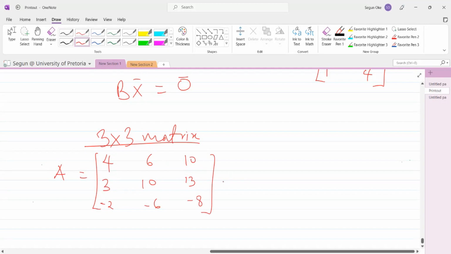So at the end of the day, they ask us to find the eigenvalue and eigenvector.